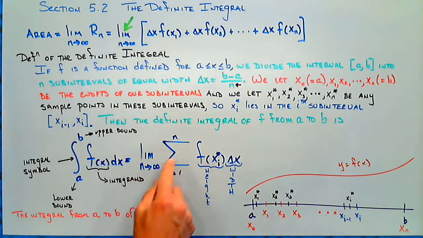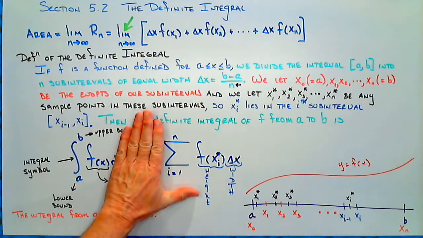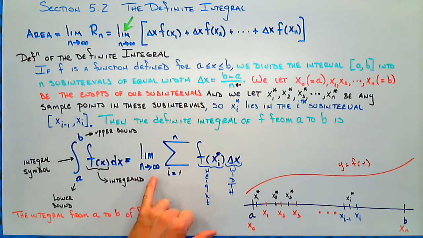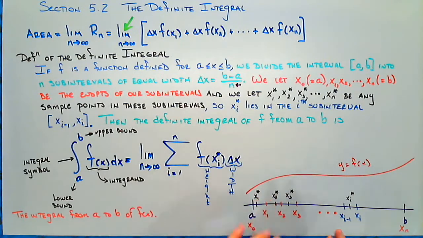And then we're going to let the number of them go to infinity. The order of operations is important here. We're going to find this first, like we did in section 5.1. Then when we took the limit of the example I did in that video, we got 1/3. So we do this first, and then we take the limit second to get our numerical value.